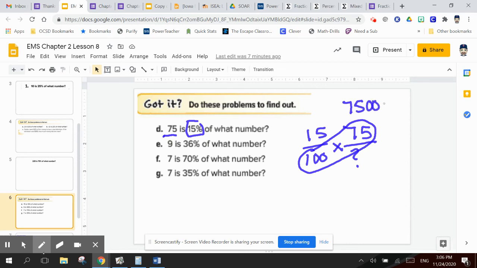I'm going to divide that number by the only number that I have left, which is 15. If I use my calculator, I take 7,500 divided by 15, which would be 500.